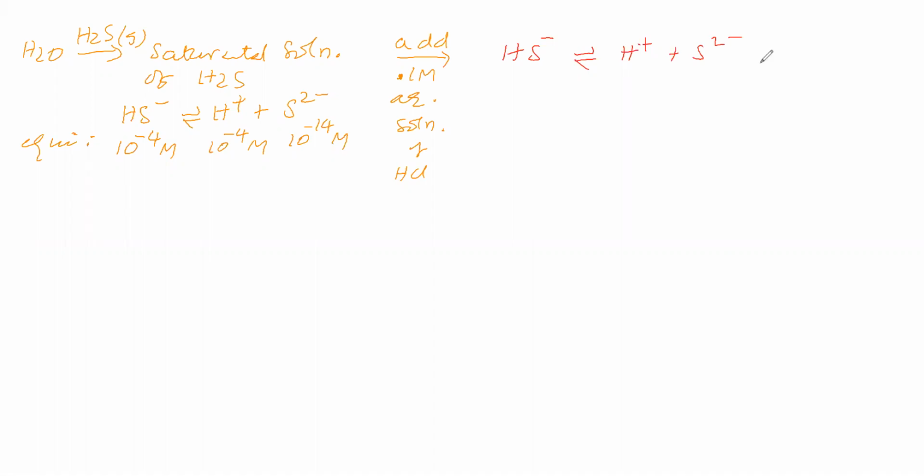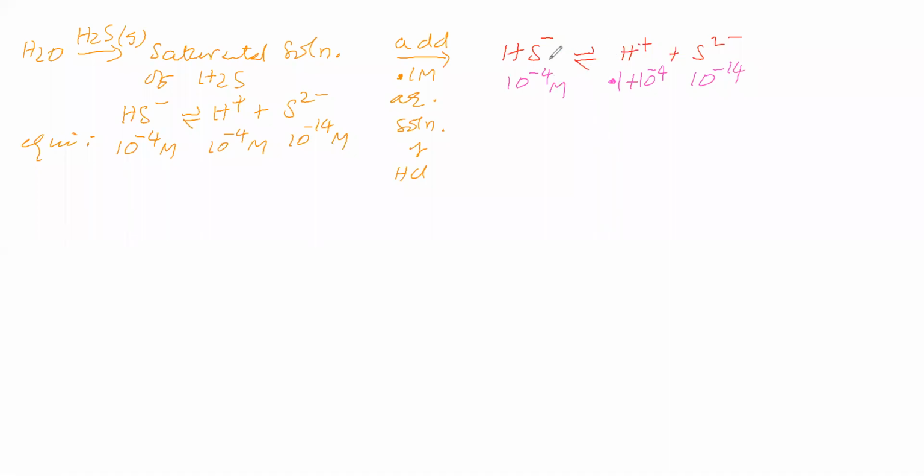HS minus concentration is 10 to the power of minus 4 molar. H plus concentration: we are adding 0.1, and 10 power minus 4 is already there, therefore totally 0.1 plus 10 power minus 4. And sulfide is 10 to the power of minus 14.